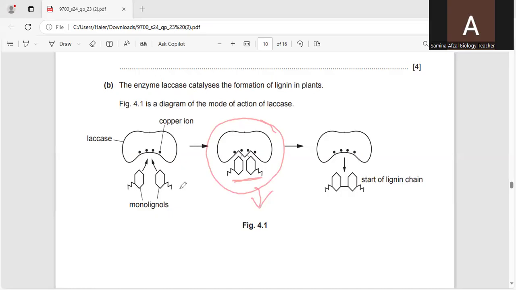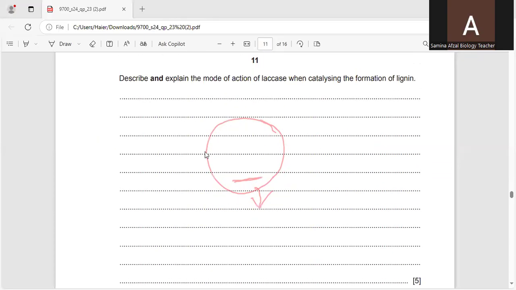Now we are moving towards the question. I have explained the picture only. Now I am going to explain this question. Describe and explain the mode of action of laccase when catalyzing the formation of lignin.